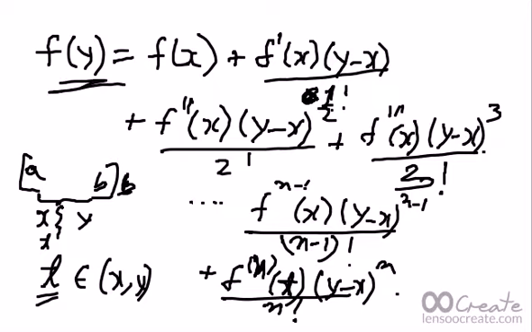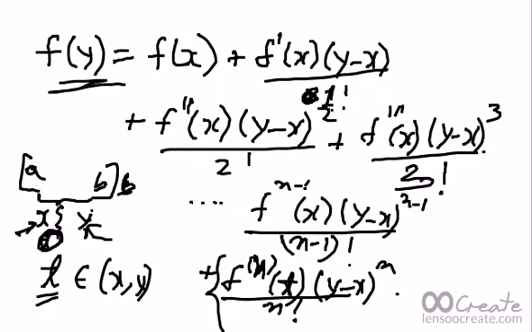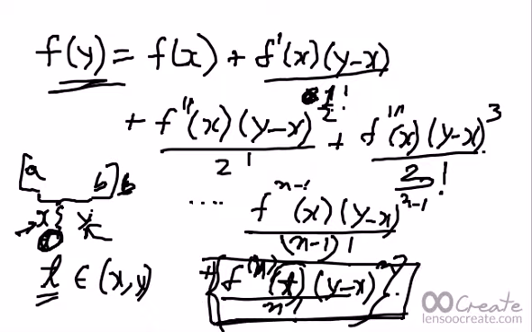So the value of the function at y can be expressed in terms of x in this fashion, and this last term is for some t. Because t is unknown, this term is unknown.